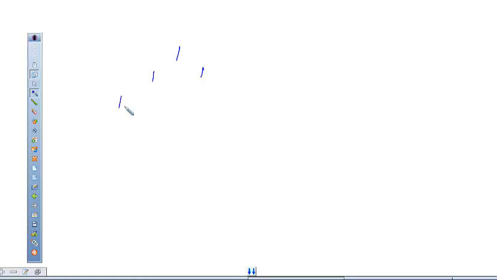So we always have the ones on the outside. To get the numbers in the middle, we add these two consecutive, or adjacent, numbers. We get 2 right there. Put 1 on the outside, 1 on the outside. To get this number, I do 1 and 2, gives me 3. 2 plus 1 is 3.